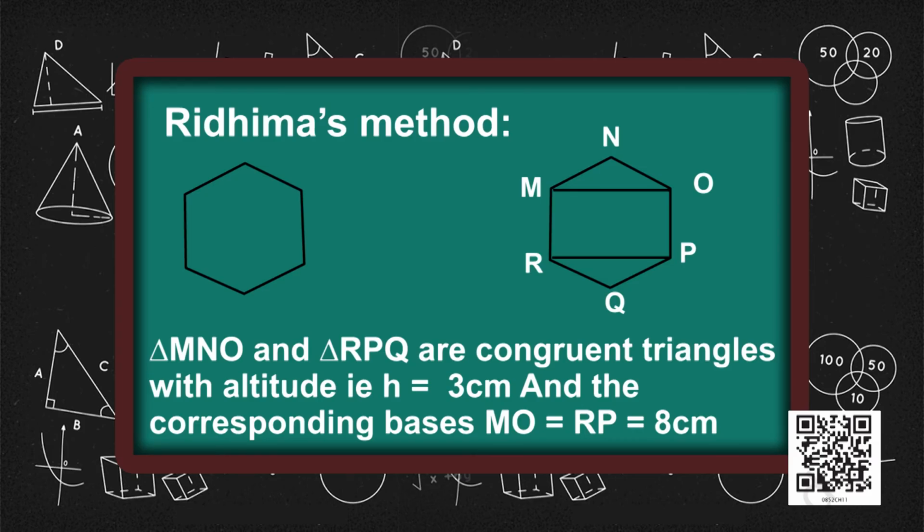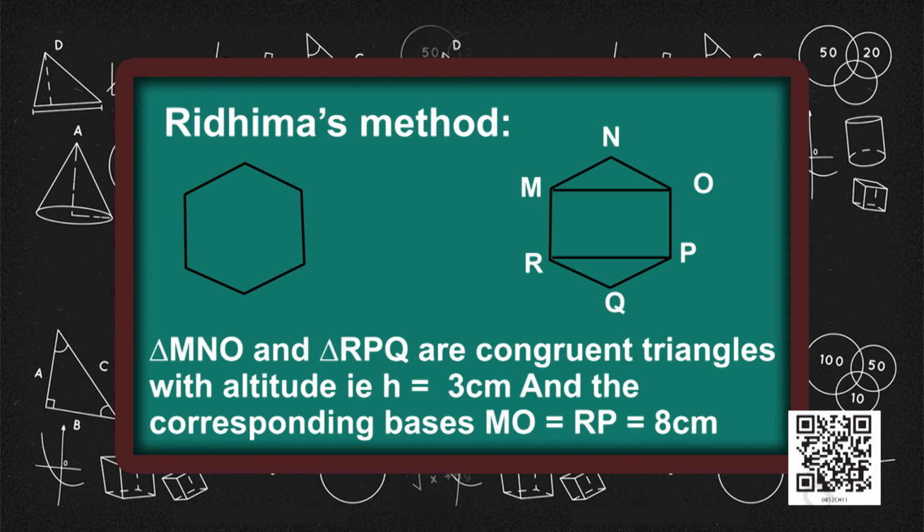Ridhima's method. She has divided the hexagon into two triangles, triangle MNO and triangle RPQ, and a rectangle MOPR.